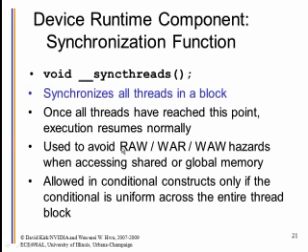So this will be used to avoid RAW, WAR, WAW hazards when accessing shared or global memory. We'll talk about shared and global memory later. RAW means that for some memory area you want to read the data after somebody writes data to it.